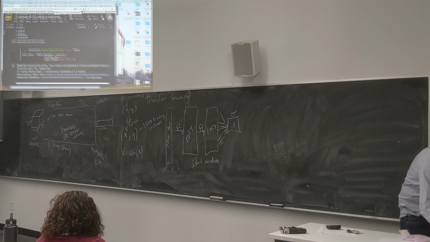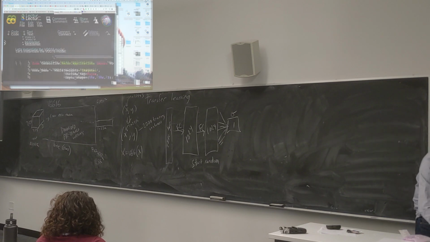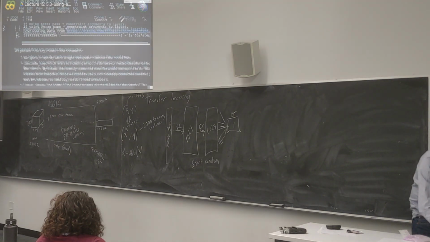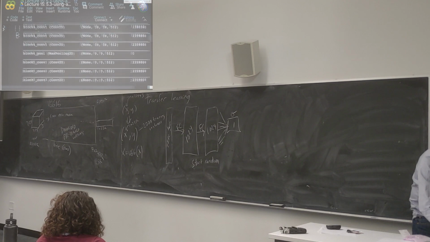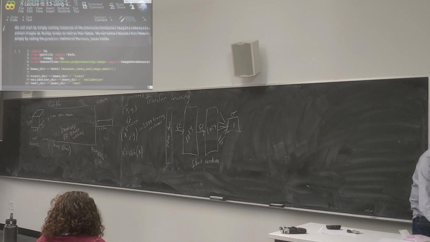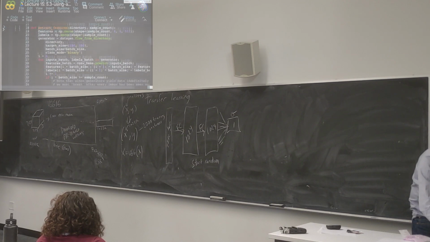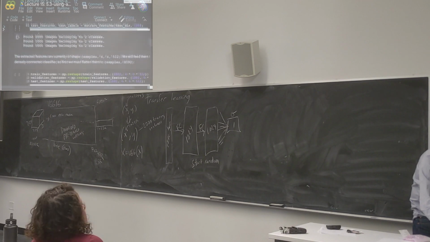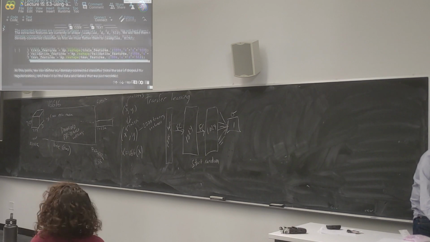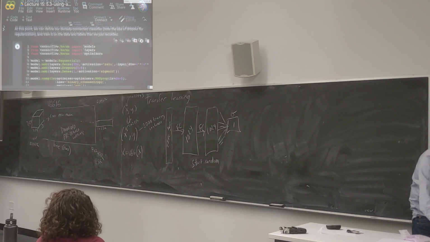Just to use here, notice VGG16, and we say the weights are the ImageNet weights. We extract the features, which means we just save those 2,000 into these training features, validation features, and test features.